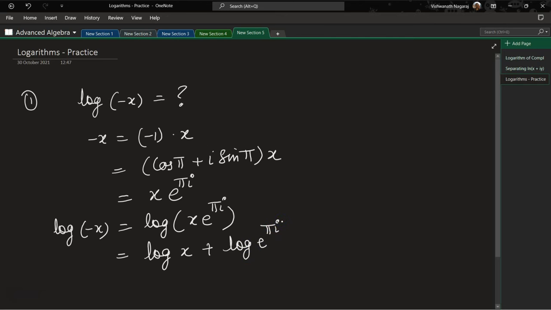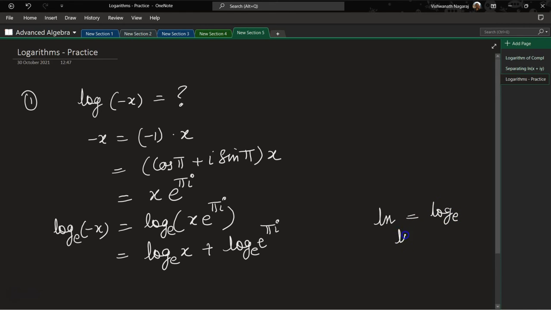Remember, when I'm writing log here, let me mention in general that in higher mathematics, even if we write only log, it is understood that we are talking of the base e, although there is a separate notation for natural log, that is ln, which is the same as writing log e.